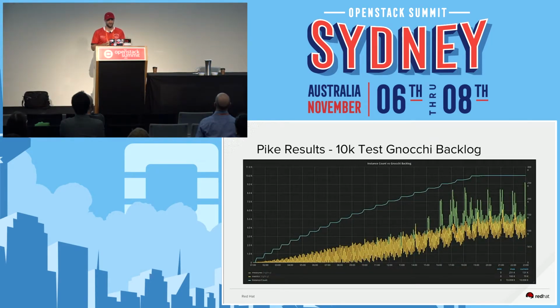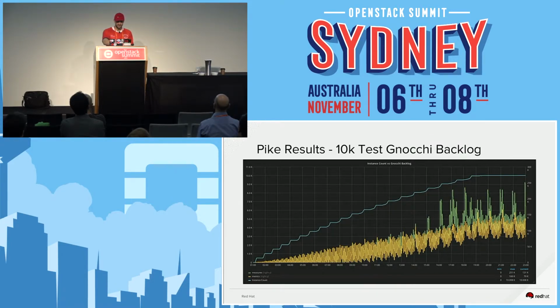So these are the test results showing the backlog along with the instances itself. I realize that it probably shows a little bit small up there, but the slides will be available afterwards. You can see the blue line is the instance count, going in a stepped process of about 500 instances each time.